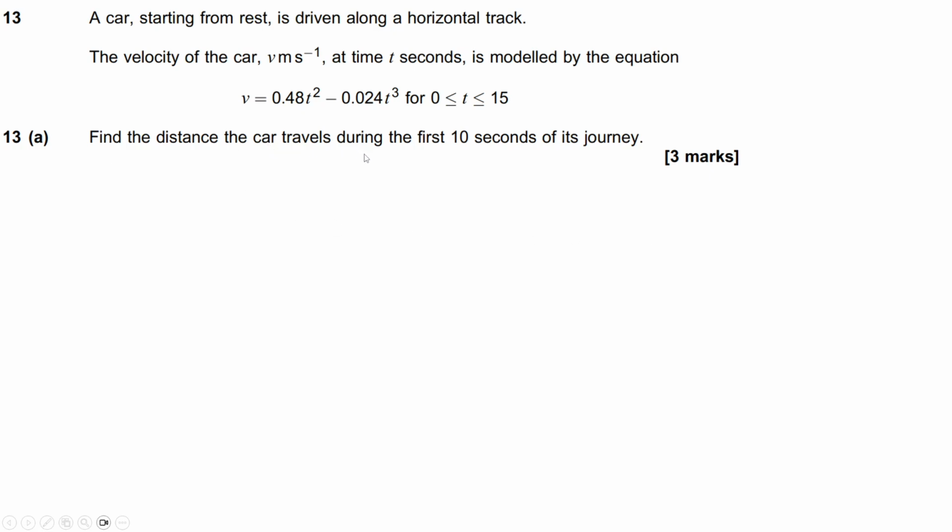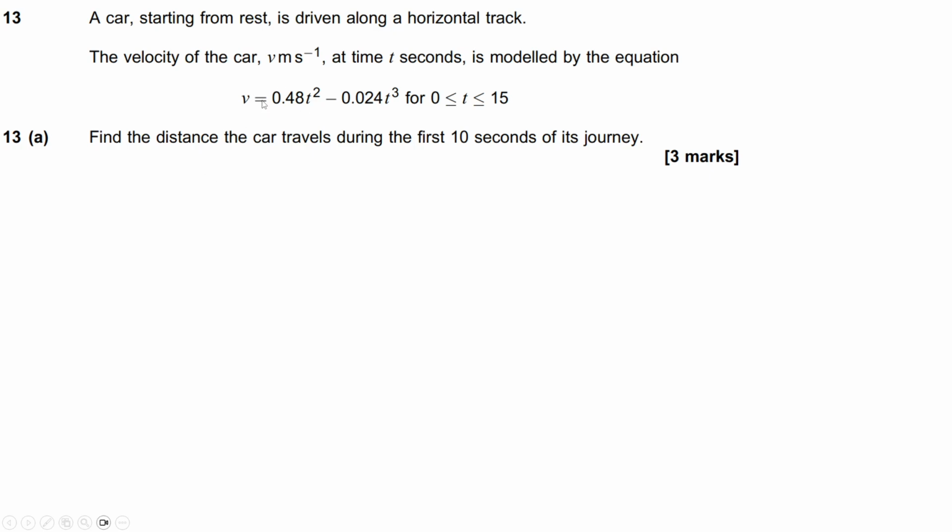Find the distance the car travels during the first 10 seconds of its journey. This isn't SUVAT. You don't know that there's constant acceleration, so we're either going to need to be integrating or differentiating. If you think about differentiation, it's the rate of change of something, and the rate of change of velocity is acceleration. We don't want acceleration, we want displacement.